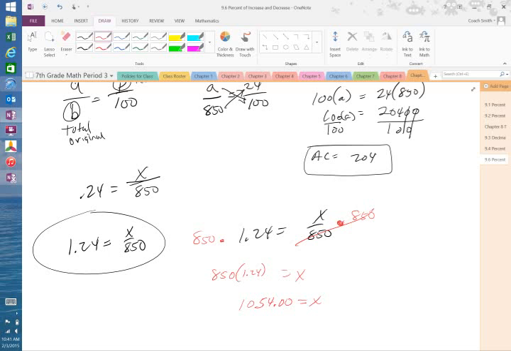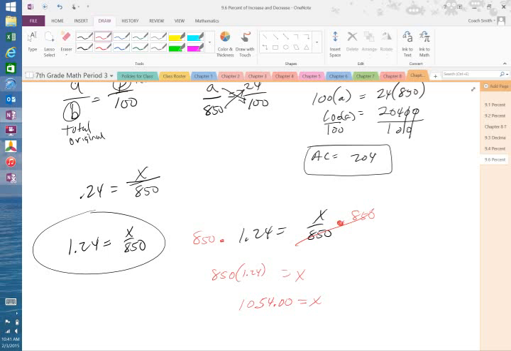Well, I could take 10% times 850 and then subtract that amount from 850, correct? If I'm decreasing my donation? Well, instead of doing that, I can just take the 10% and decrease it off the 100% that I gave last year and make it 90%. Now, if I take 90% times 850, that'll give me the actual amount that I'm going to give this year.